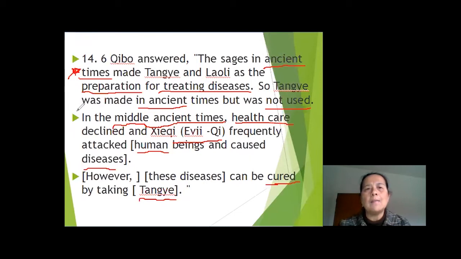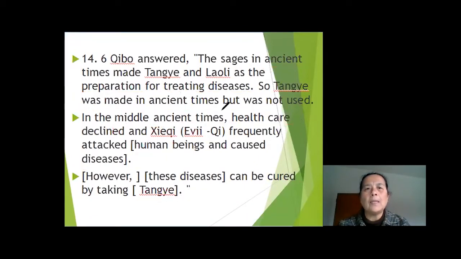So that means they prepared 汤液 and 醪醴, but people basically didn't get sick, so that's why they didn't use it. And in the middle ancient time, people paid not too much attention to health care. So then they got sick or ill. But when they got sick, they could cure it by Tang Ye. So that's the middle ancient time.